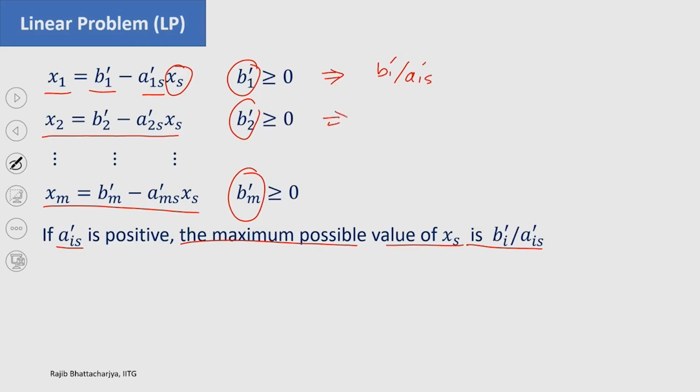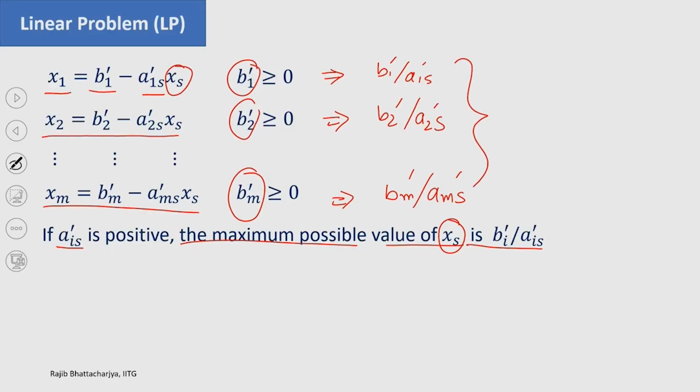From the second equation, the maximum possible value of xs is b2 dash by a2s dash. Similarly, from the last equation, it is bm dash divided by ams dash. Now, these are the possible values of xs.